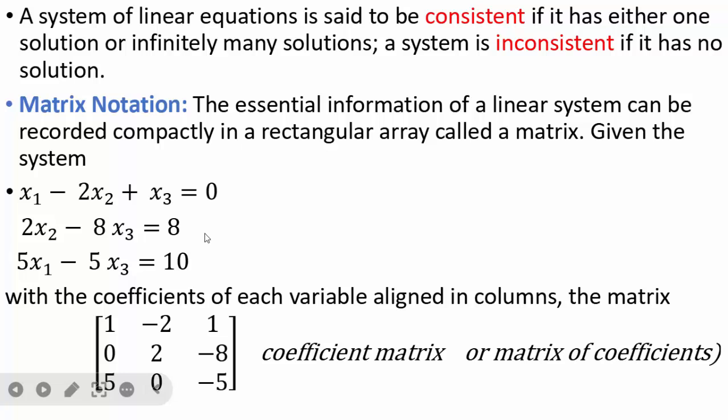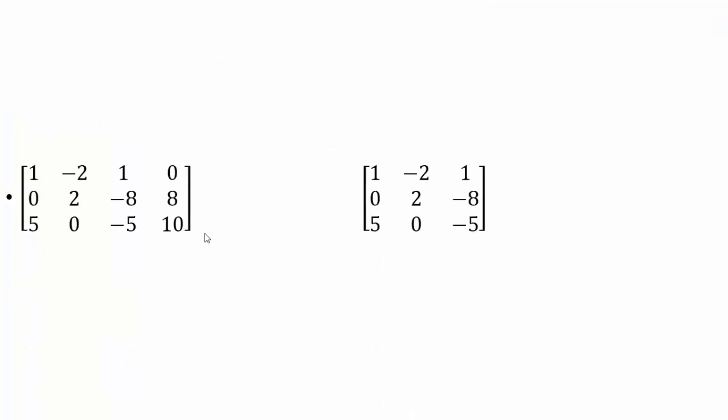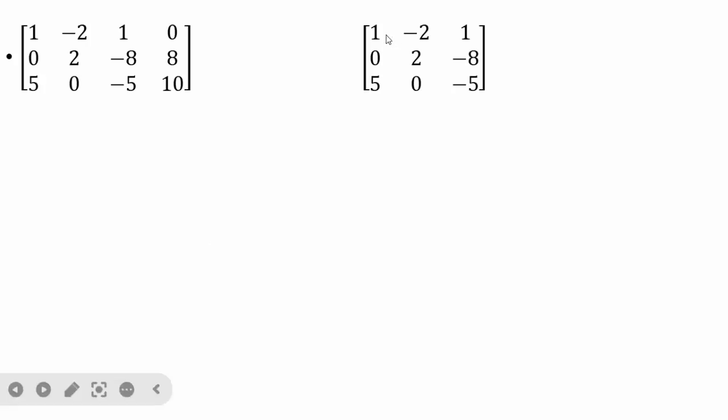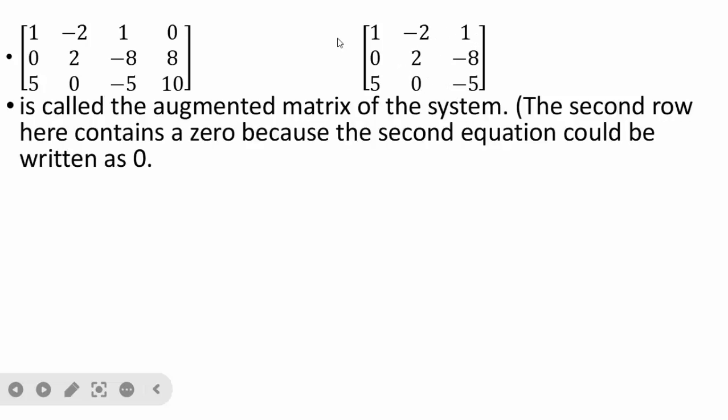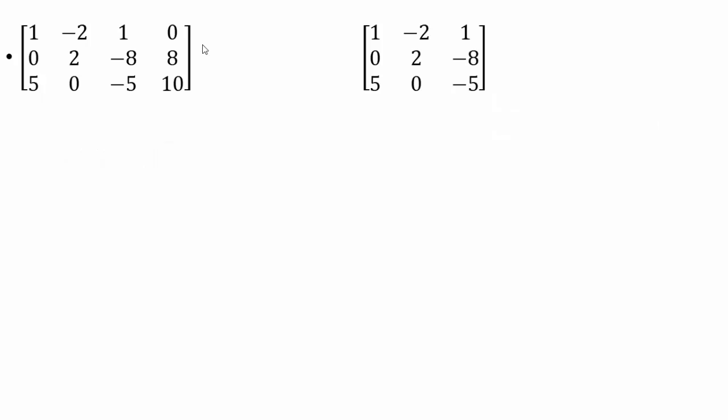Therefore, what we shall do? We shall write the constant terms as the next column in this coefficient matrix, that is 0, 8, 10. This is the fourth column.